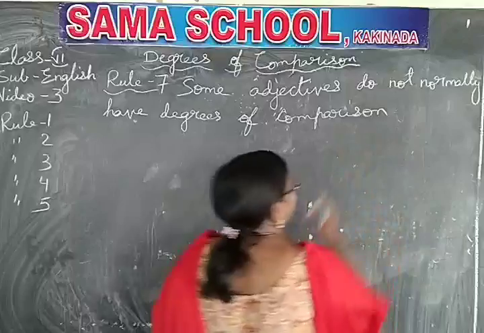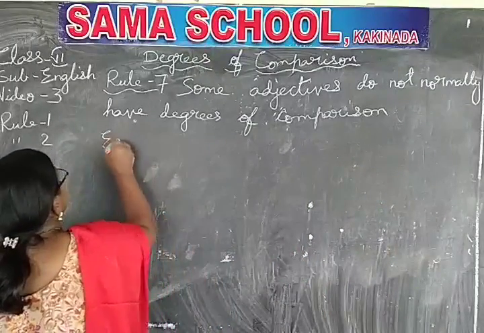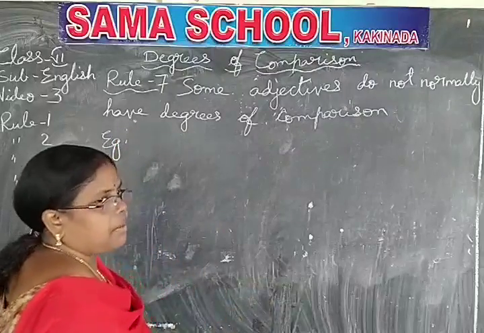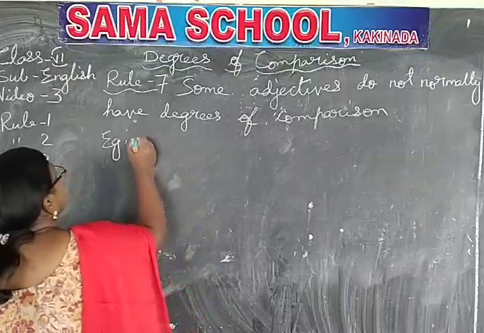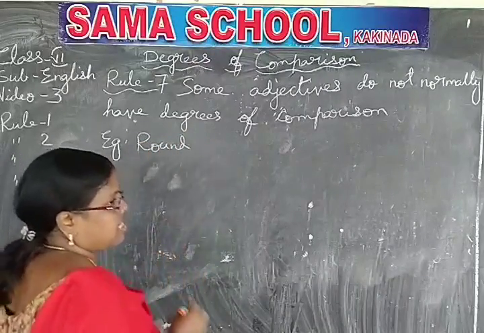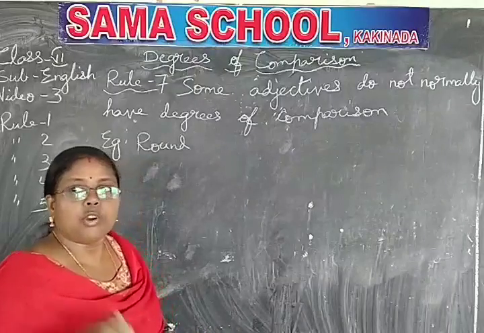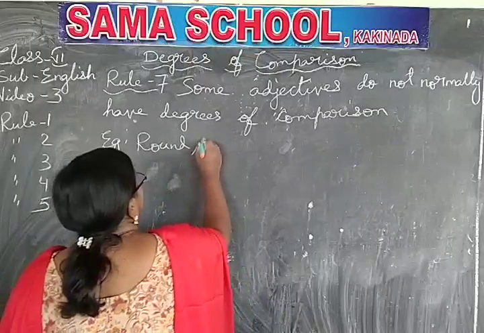They stand just by themselves like that only. You can't make them comparative and superlative. Only one degree is there and that is all. Round. You can't say rounder, roundest, or more round, most round. Just round.